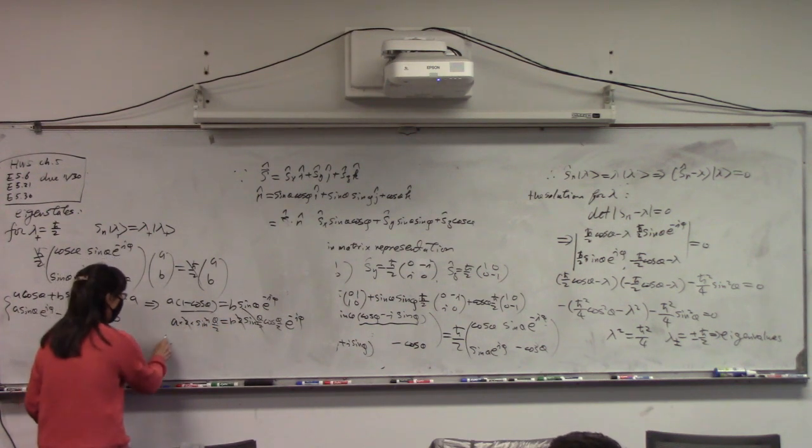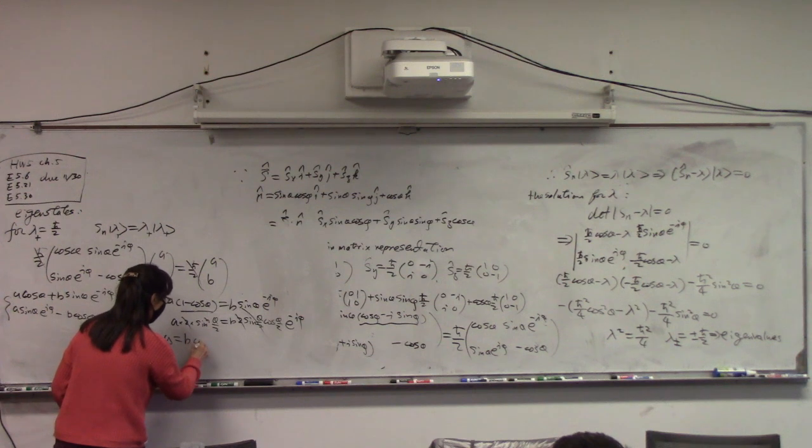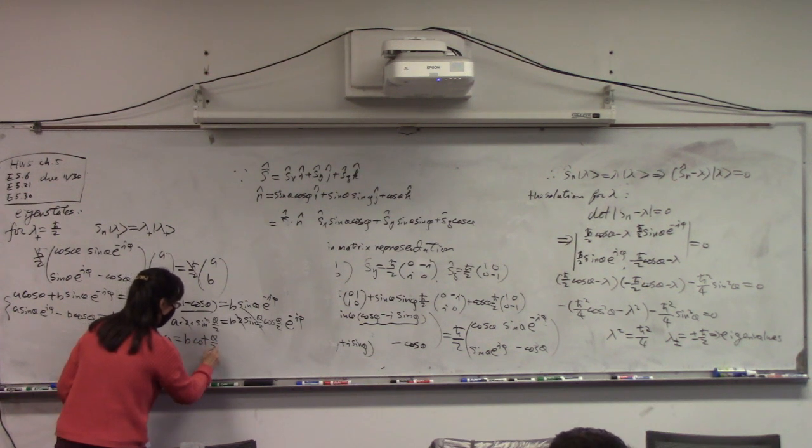So you have a sine, but you have cosine of b.